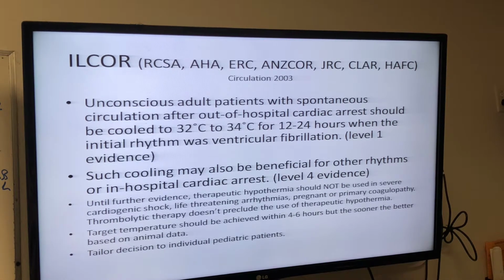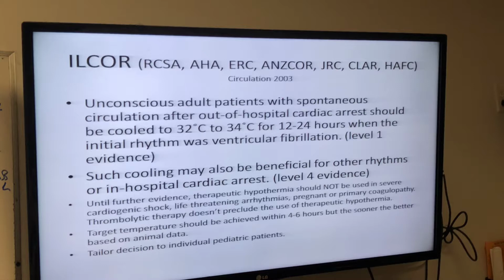Then they also said, until further research, therapeutic hypothermia should not be used in severe cardiogenic shock, life-threatening arrhythmia, pregnancy, or primary coagulopathy. Right? So if you have hemophilia or whatever, or you have a liver disease, and I don't know if they consider that primary coagulopathy, but your INR is very high, don't use therapeutic hypothermia because you're going to bleed.